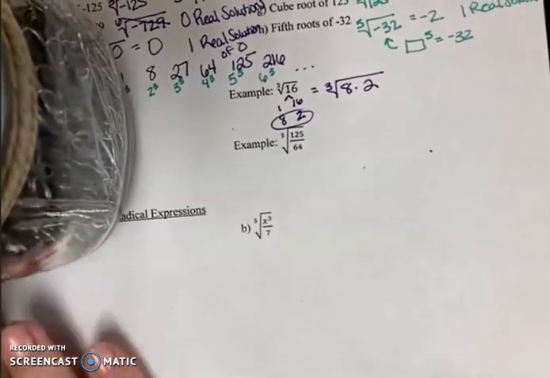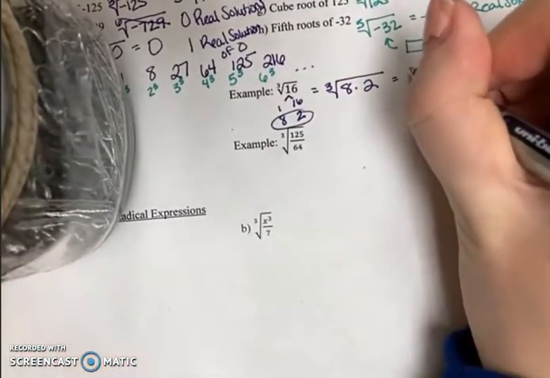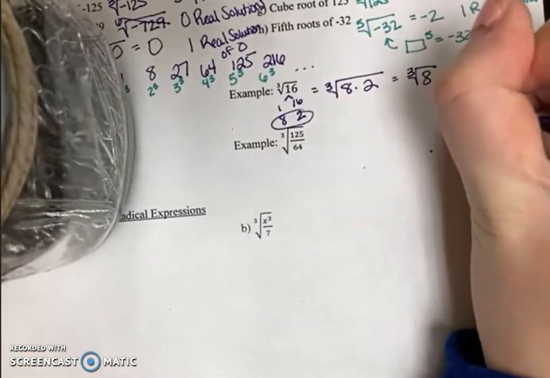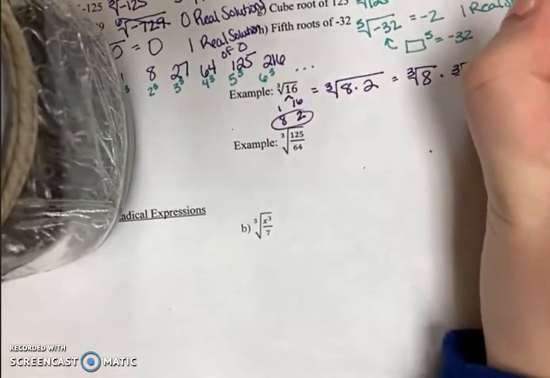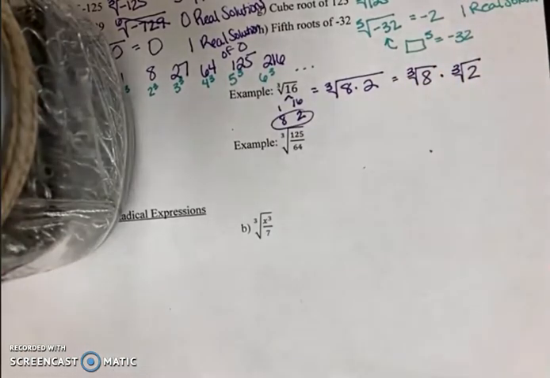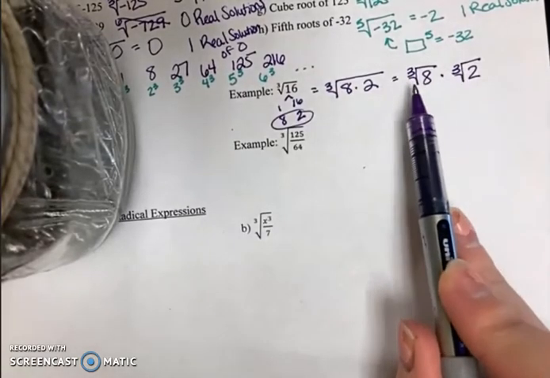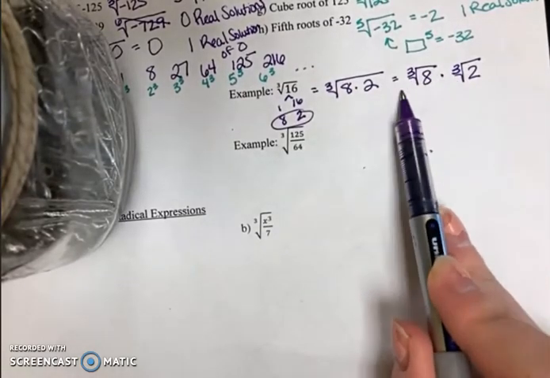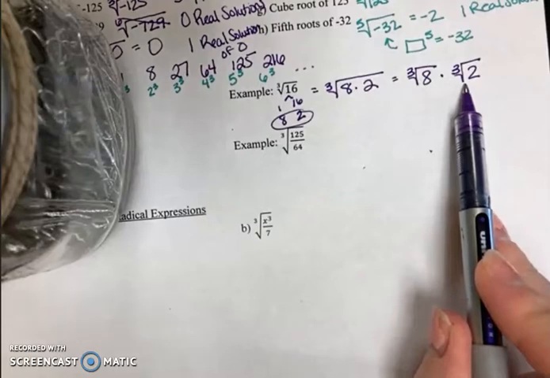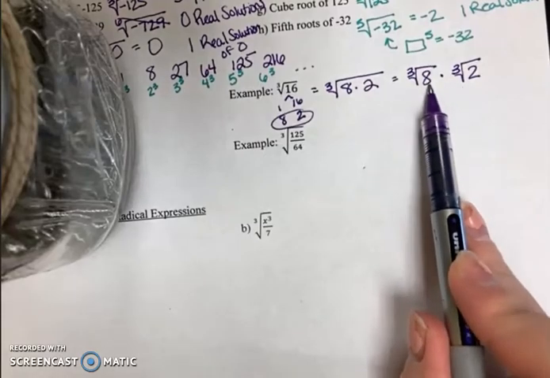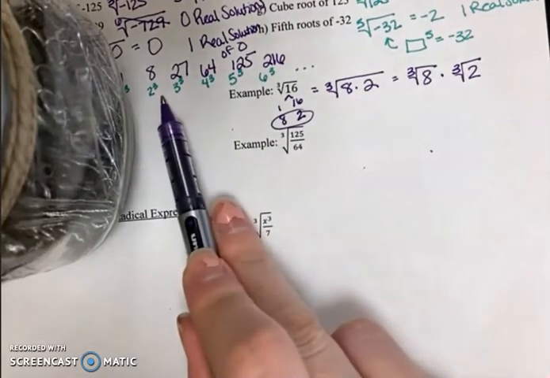So now what I have is the cube root of 8 times the cube root of 2. So I need to make sure that I write the index, that's the 3, on each of the radicals, or the roots. The cube root of 8 is 2.